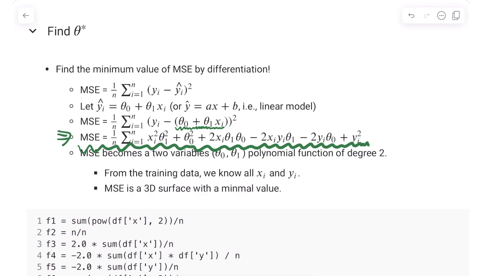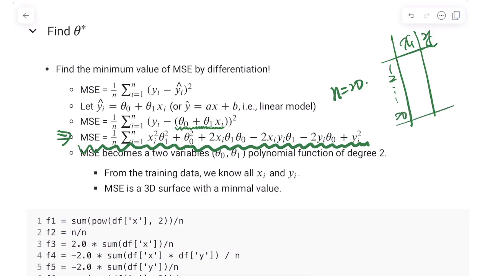And as we can see, in this example we have 20 points, so n equals 20, and we have 20 xi values and yi values. So in this formula, n is a known value, xi is a known value, and yi is a known value.